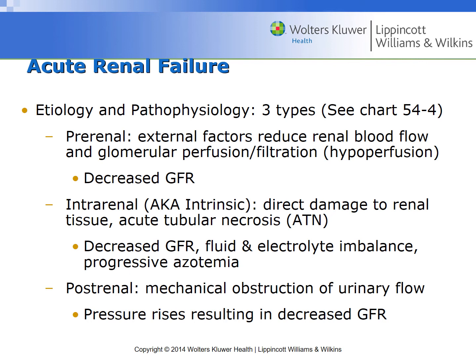So, sometimes with people with acute renal failure, you may see improvement happen, but when damage is done, damage is done, and it can be permanent. So we've got to help identify the cause and then help get it turned around as quickly as possible.